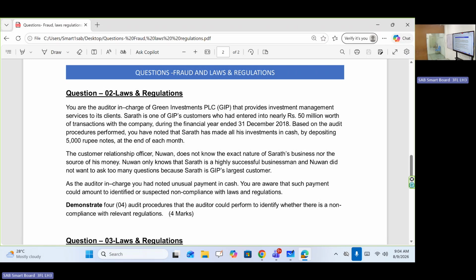This is the important thing: legal opinion on the status of non-compliances related to the particular investment, and the company's obligation in relation to this investment.